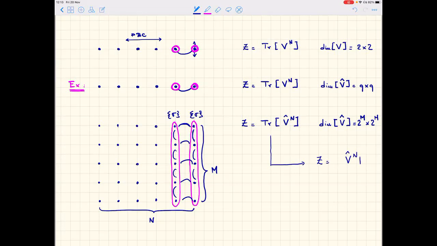It is the matrix element of V to the power n in between two vectors that represent the boundary conditions that you put on the first and the last site or column, depending on what you're doing. So you can also do it without periodic boundary conditions, but it becomes more complicated.